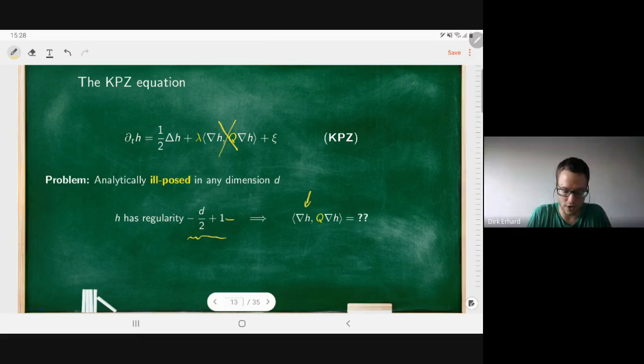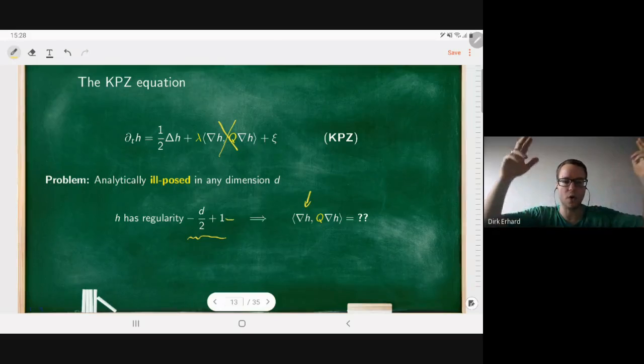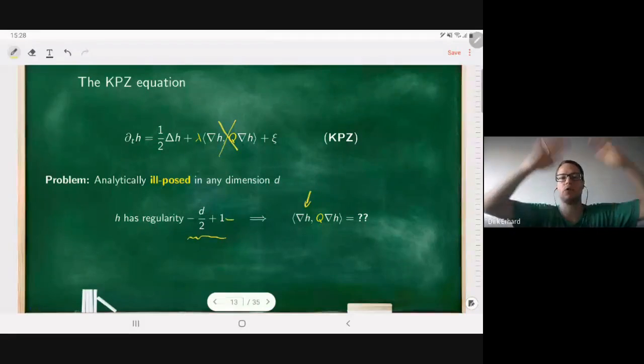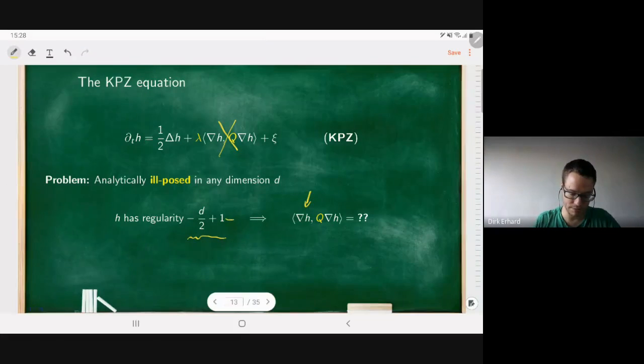If you approximate this by smooth functions, then you can do the product as usual and then remove the regularization. Then either the limit may not be unique or the approximation explodes. That's what it means. So it's not clear how to solve this equation.